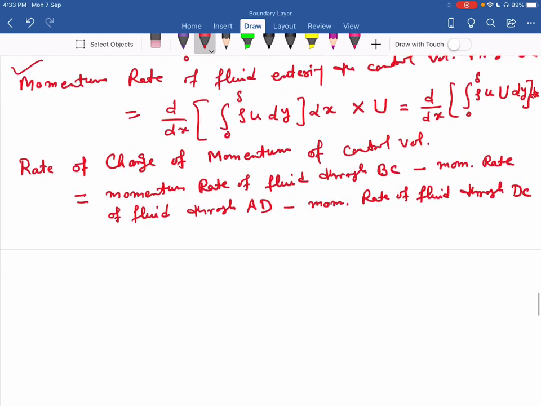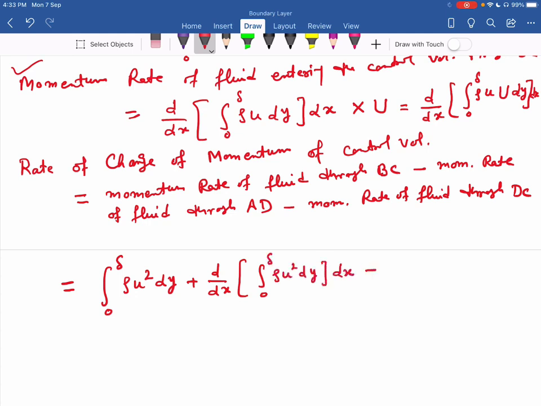Okay, so I write these three terms again. Momentum rate of fluid through BC is integral 0 to delta of rho u square dy plus d by dx of integral 0 to delta of rho u square dy into dx, minus momentum through AD, that is minus integral 0 to delta of rho u square dy, and then through DC minus d by dx of integral 0 to delta of rho small u capital U dy into dx.